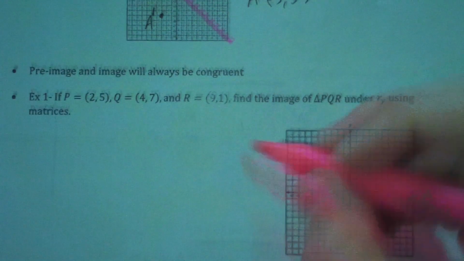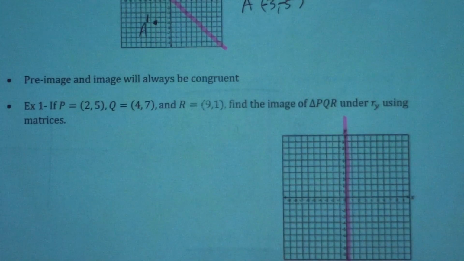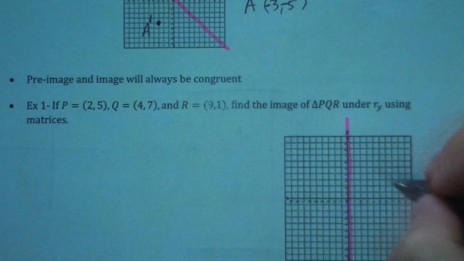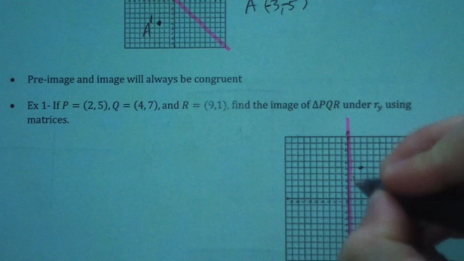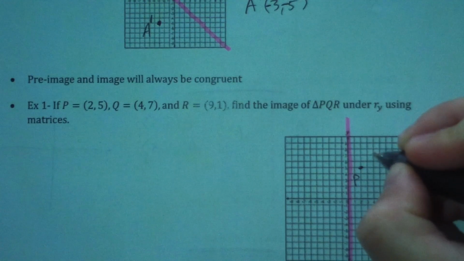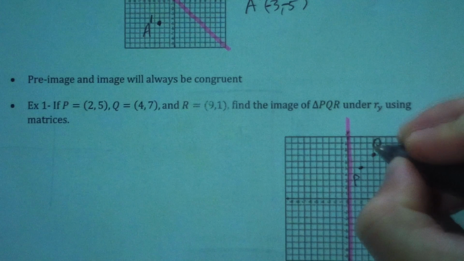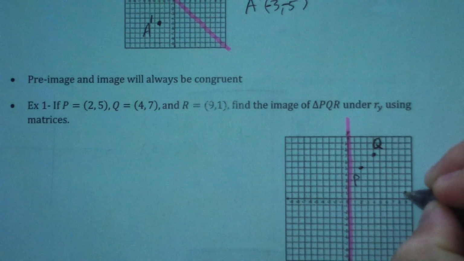Yep, so it's going to be the one that's -1, 0, 0, 1. Then we'll do that times our original points there, so P, Q, R, which would be 2, 5, 4, 7, 9, 1. Do it down here below. And then we'll kick out our P prime, Q prime, R prime.